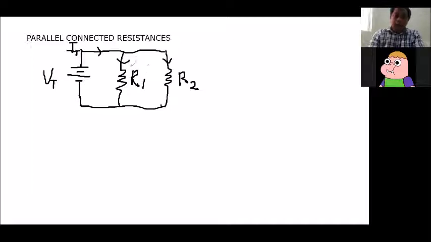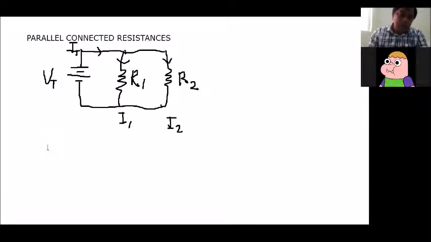Now the current that will go down to resistance 1, we can call it I1. And then we can have here another current that goes to R2 as I2. Now you'll notice that all these currents will split up. So from the total current coming from the battery, it will simply split up into different directions.